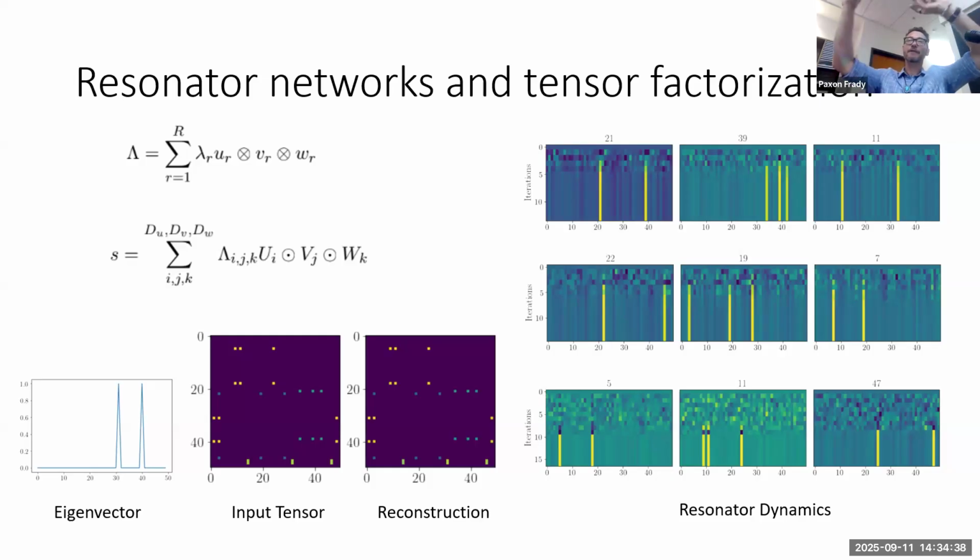It's bouncing around very chaotically in this state space. And then at about iteration 5 here, it hones in on the solution and very rapidly has a moment of insight. And then all the modules converge simultaneously. You can see then these yellow peaks. This is just a heat map of the vector that it thinks is the eigenvectors. And so you can just read out these 3 vectors, and that corresponds to the UR, VR, and WR.